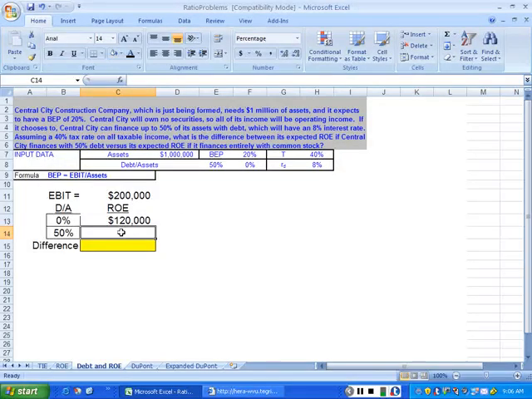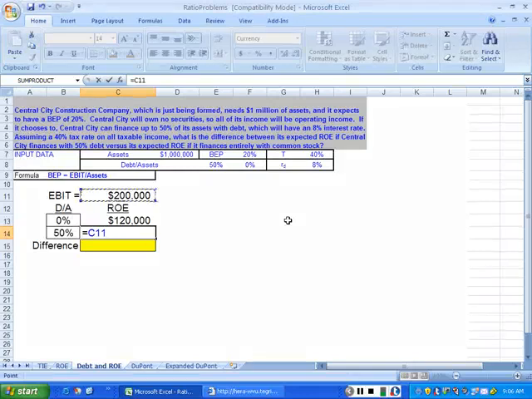versus what we would have for our net income in the latter case, where you would be subtracting off. So let me just put that same formatting in here. In the case of 50% debt, we're going to have an EBIT of $200,000. From that, we're going to subtract off our interest expense. So here, we're going to pay an 8% interest. That's going to be based on half of this: 50% debt times the $1 million in assets.